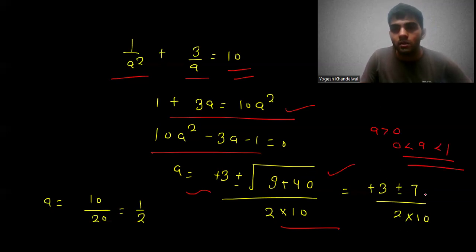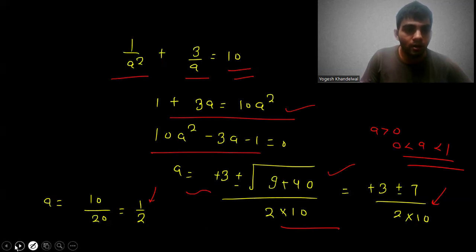There are two different values, but we only take the positive value. So here it will become half, so the a value is coming half.